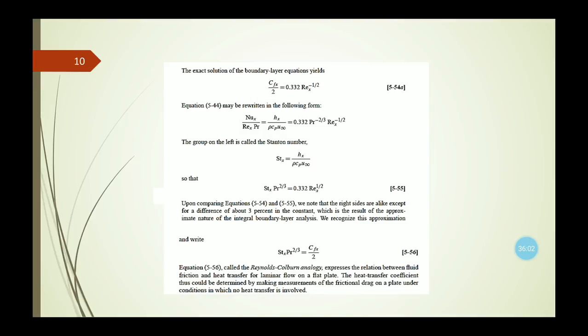The heat transfer coefficient thus could be determined by making measurements of the frictional drag on a plate under conditions in which no heat transfer is involved. So this is the derivation of the Reynolds-Colburn analogy, the relation between the fluid friction and heat transfer for a laminar flow over a flat plate.